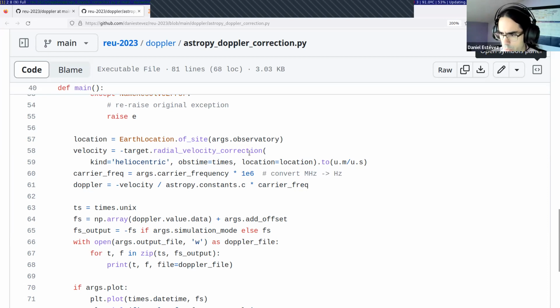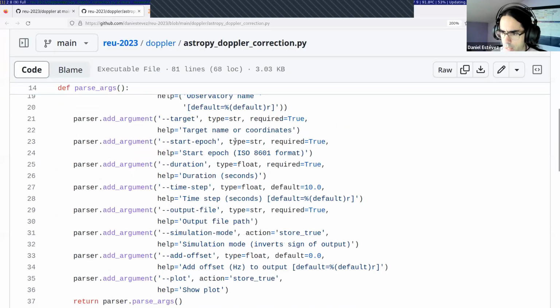And so we compute this, we convert it to meters per second. There's a minus sign here, which has to do with the sign convention for this function. Then we convert our carrier frequency from megahertz to hertz.